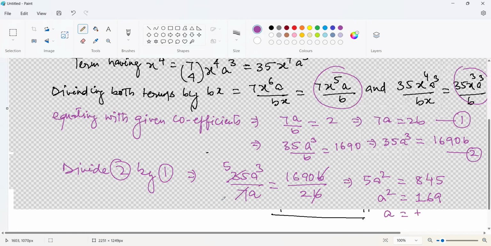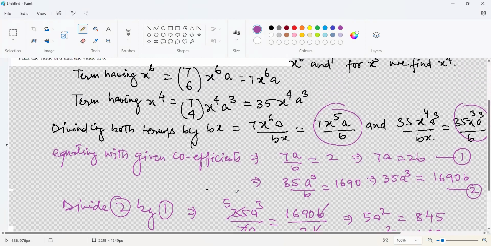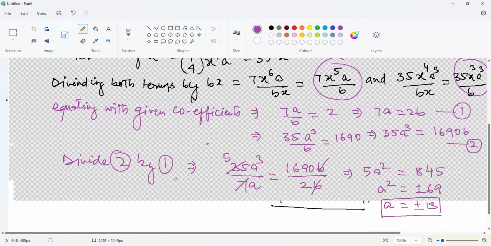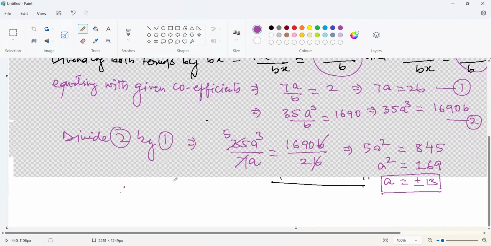It means a would be what? Plus minus 13. a is plus minus 13. But if you read the question carefully, the value should be greater than 0. Therefore, a should be greater than 0. Hence, a is equal to 13. How to find b?